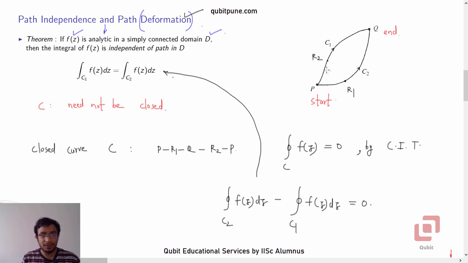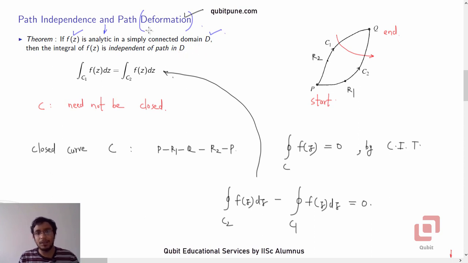For example, here if you imagine this curve C1 to be made up of some elastic material, you can actually pull it up and get it in the shape of C2. But still, although you are changing the path, because it is a simply connected domain and the function is analytic, the value of the integral is not going to change.